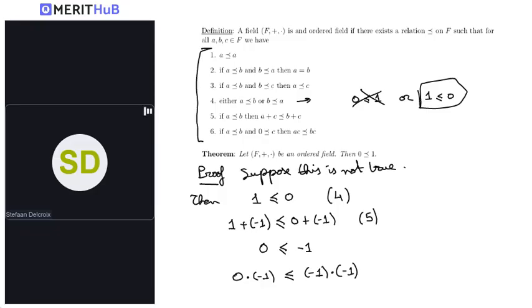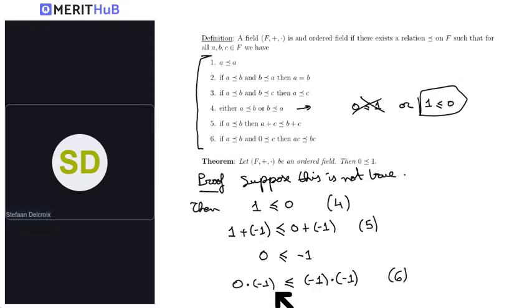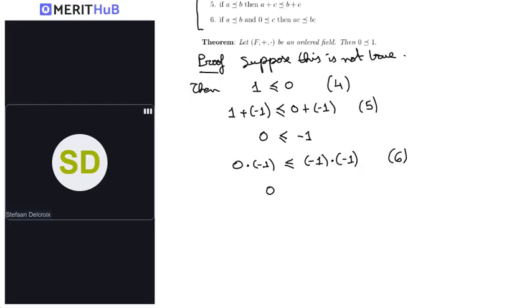That I can multiply both sides by a positive number. That's property 6. Okay, now we work it out. What is 0 times anything? 0. We've proven that. You guys should try to prove it on the exercises. What do you think the opposite of 1 times the opposite of 1 is?